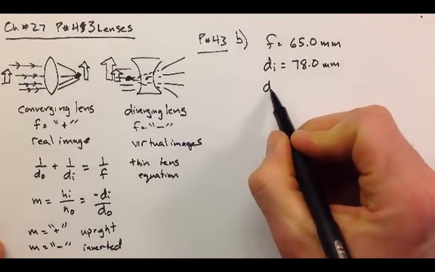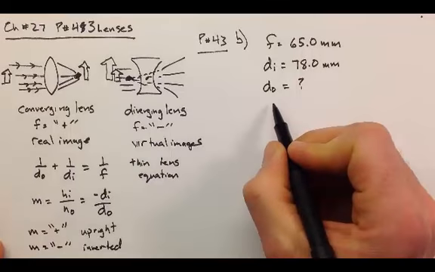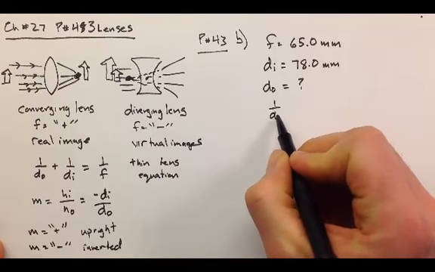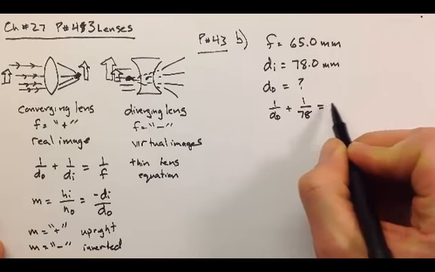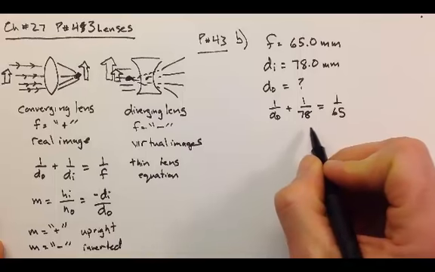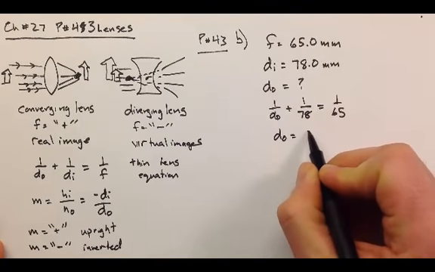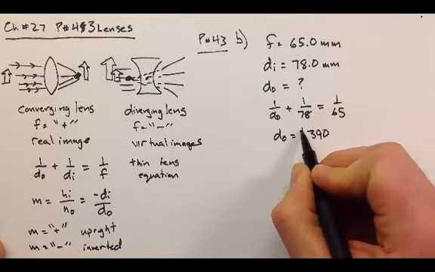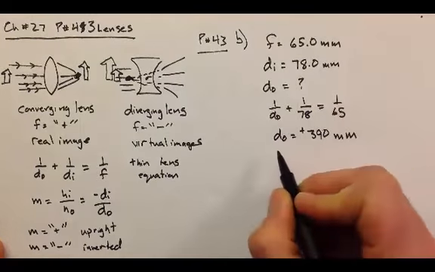Then it asks us to solve for the object distance, okay? So I'm going to use my thin lens equation here. If I do a little algebra and type this into my calculator, I get that the object distance is a positive 390 millimeters.